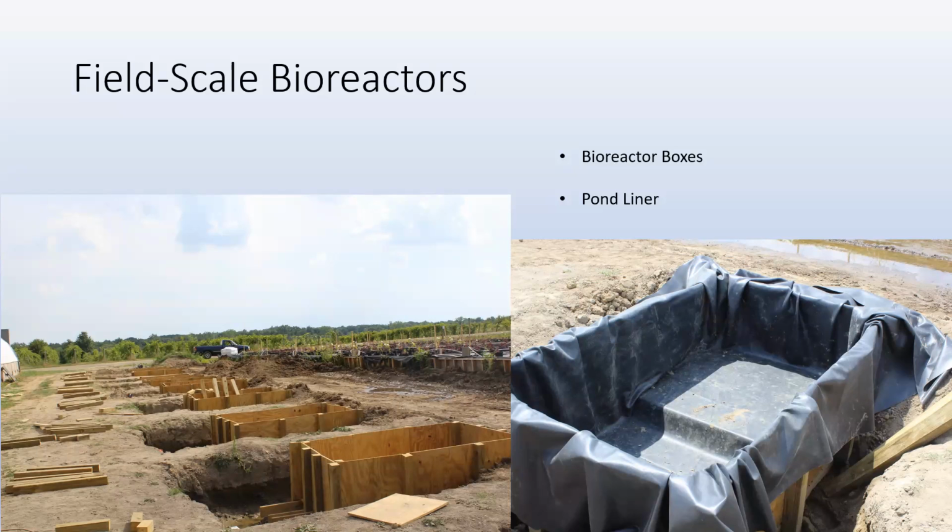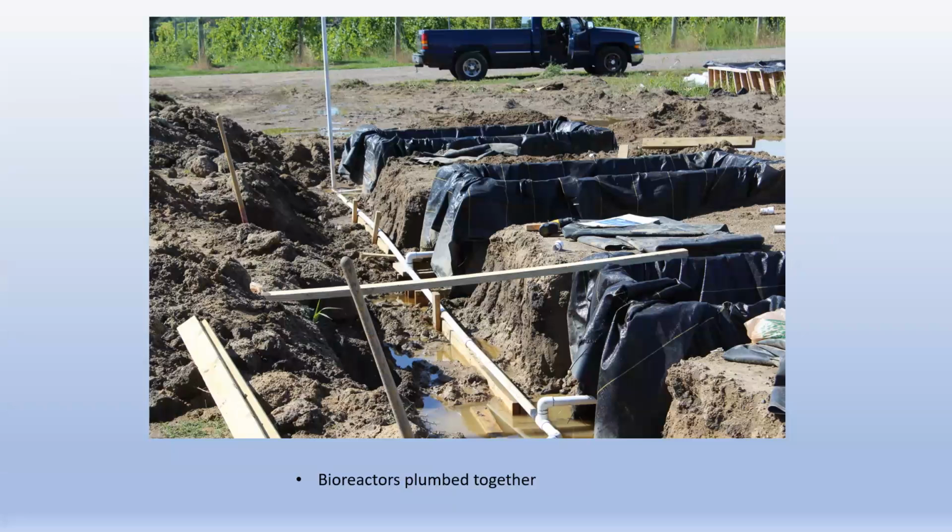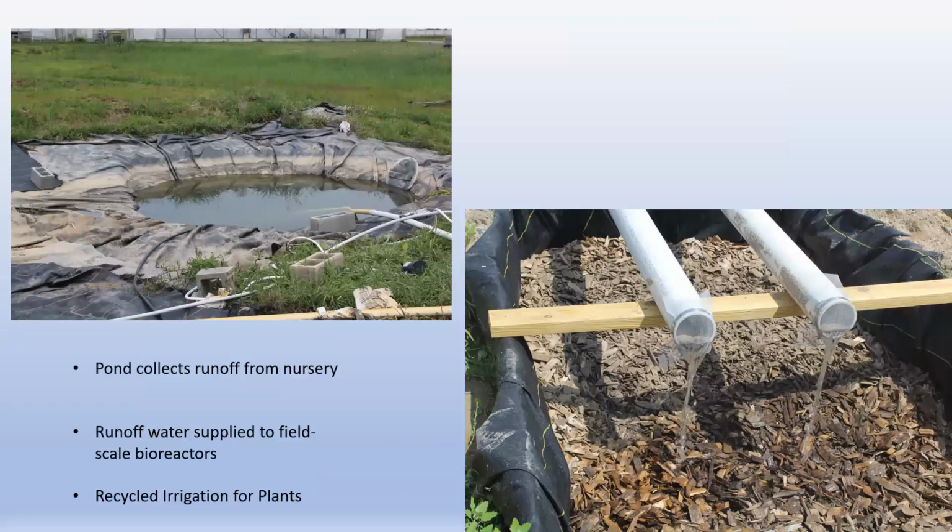So you'll notice these boxes here are a little bit bigger than those bins that I had in the earlier image. We had big bioreactor boxes with a pond liner in them, so it's not too far off from those trenches. These bioreactors were all plumbed together. And what happened is we had a pond from a nursery, and this pond collected all the runoff from the nursery.